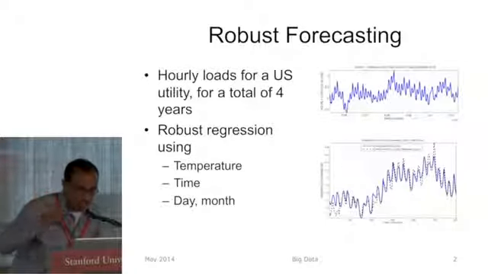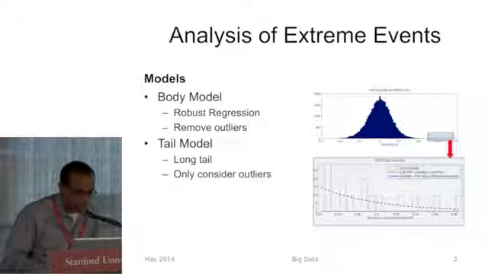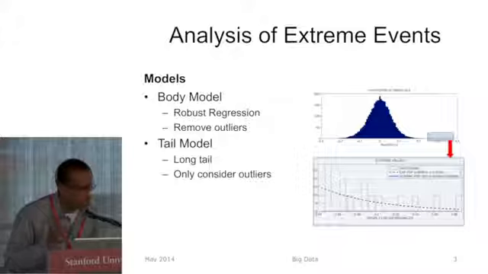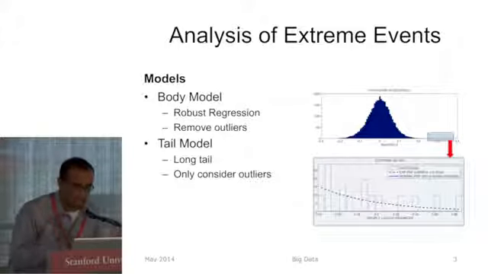In our robust regression model, which means that we throw away outliers and fit the bulk of the data, we used such things as temperature, time of the day, what month it is, and the load value in previous times. The novelty behind this project is that we're combining two different branches of statistics, one of which is robust regression, which fits only the bulk of the data.